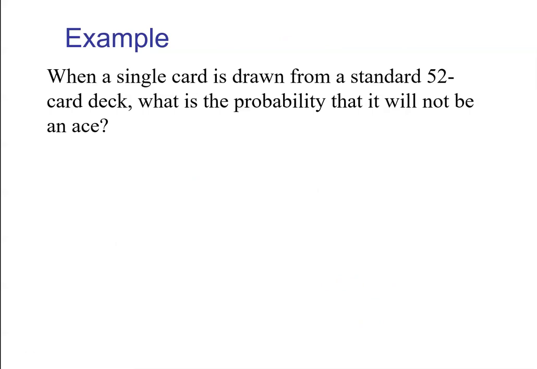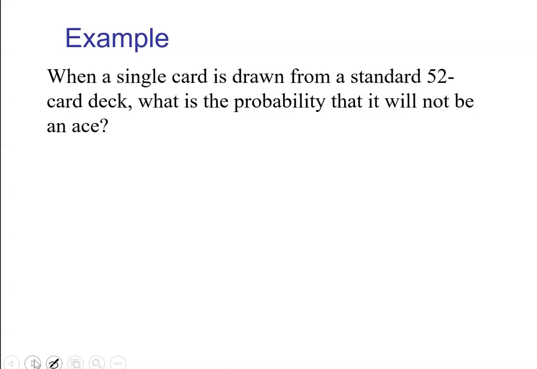So let's try an example here. When a single card is drawn from a standard 52 card deck, what is the probability that it will not be an ace? Well, it might be actually easier to figure out the probability it's an ace. Hopefully you know your standard deck of cards. If you do not, there are 4 suits, 2 are red, 2 are black.